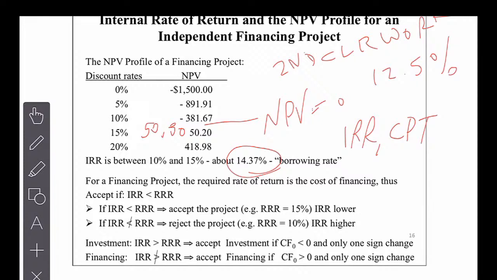So if you set for projects that your required rate of return is 15%, and this project has a borrowing rate that's smaller, you should accept the project. Okay, so this is the reverse of what we said before. We wanted a high return, but you want a low borrowing rate. Got it? So that's how you interpret this. So as long as this is higher, you accept the project.